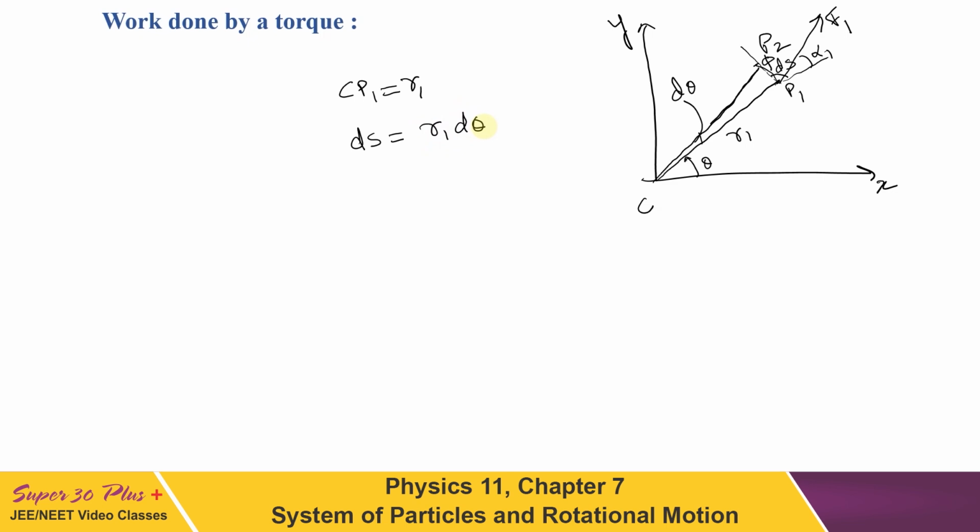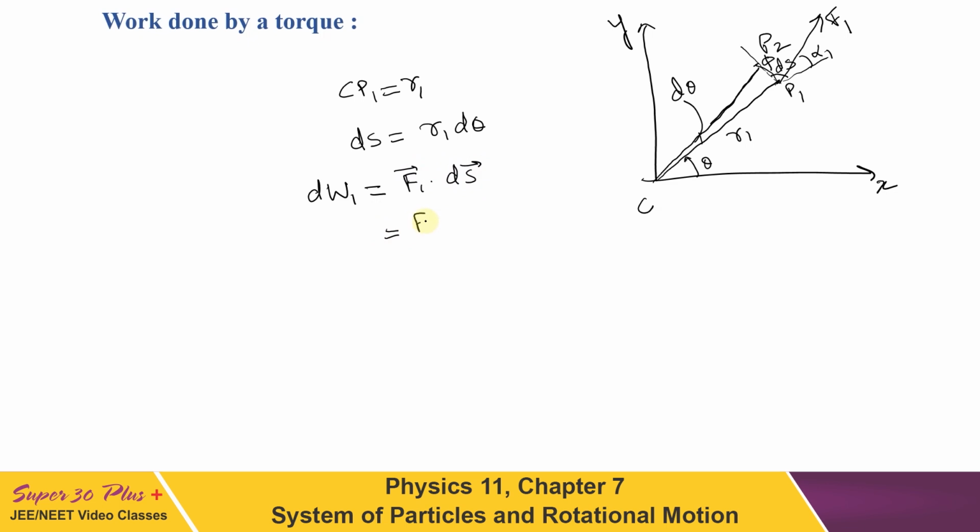So if we calculate work done by the force on particle, I am denoting it by dW1 because it is a small differential work. So dW1 can be written as F1 dot ds. As you know, work done can be calculated by dot product of force with the displacement.